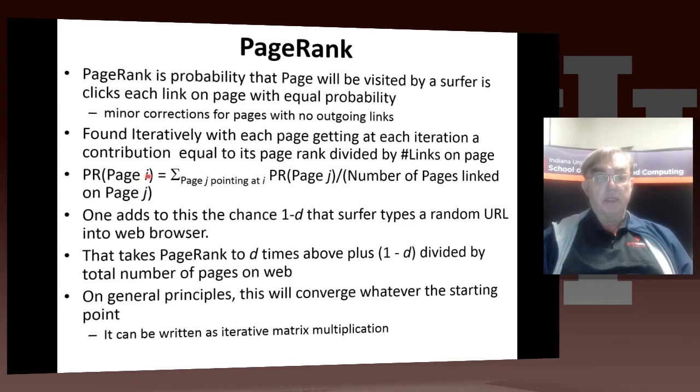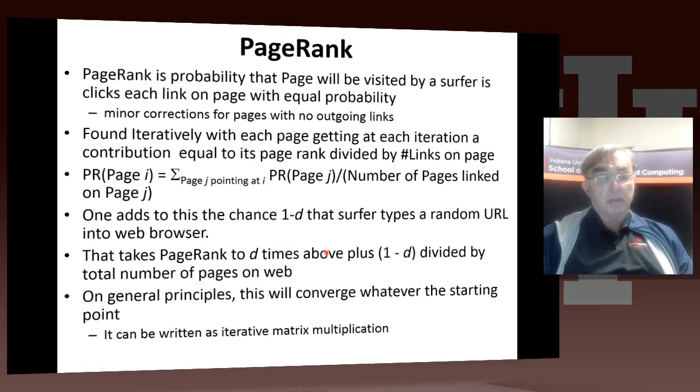The PageRank of page i is the sum over pages j pointing to i of the PageRank of j over the number of links from page j. Then you take D times this, plus 1 minus D times the chance that you type in a random URL.